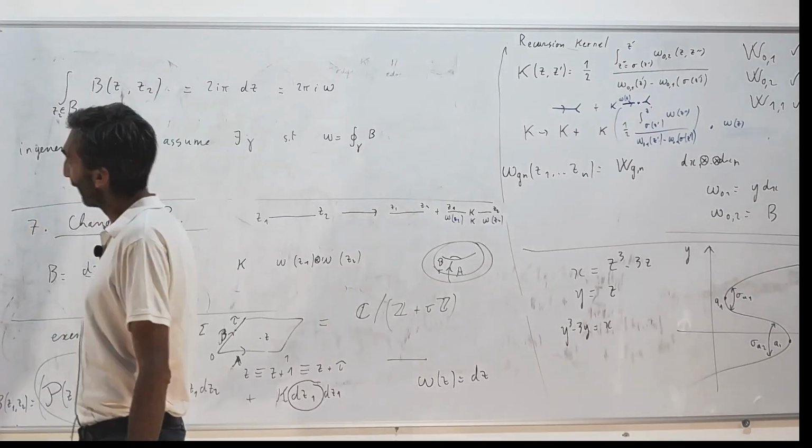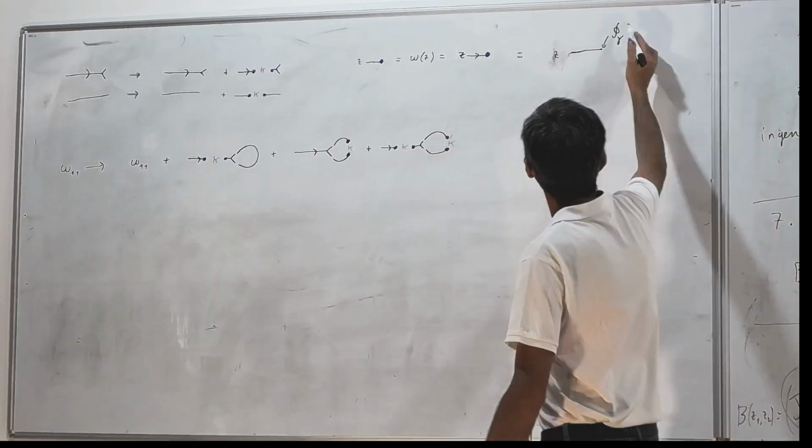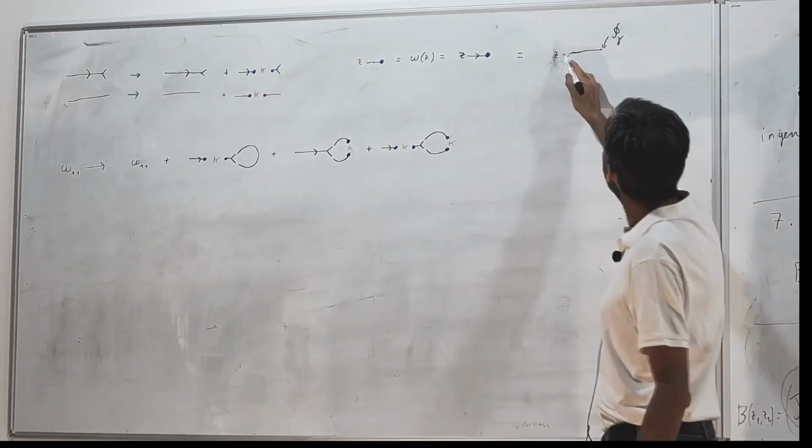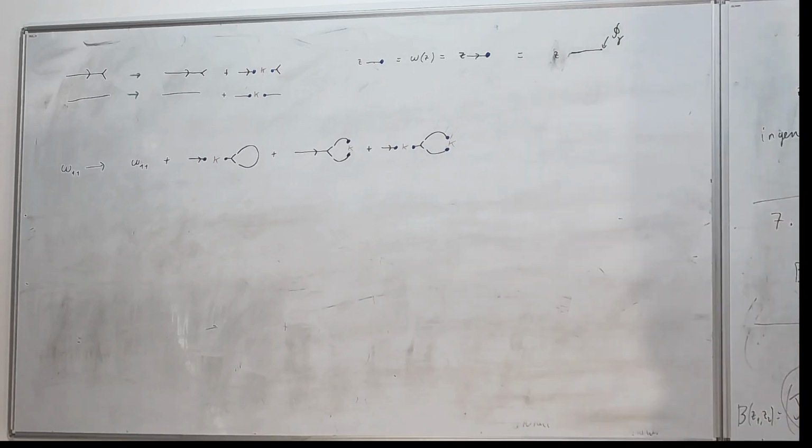Just to say that the blue dot represents the integral. So graphically, every time you have a blue dot, it means that you take the B and integrate it on gamma.